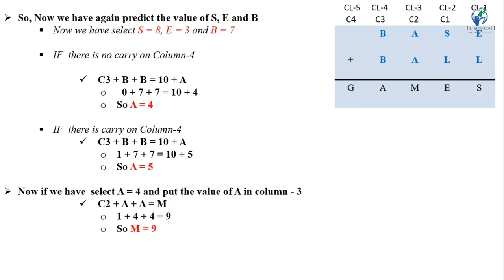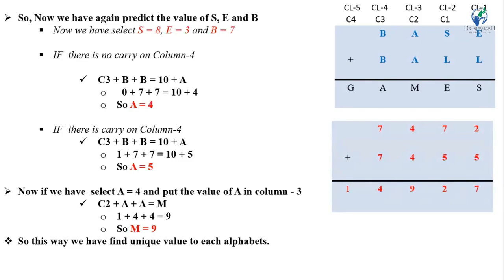So 1 plus 4 plus 4 is equal to 9. So M is equal to 9, and it does not conflict with any other value. This way we find every alphabet's value.